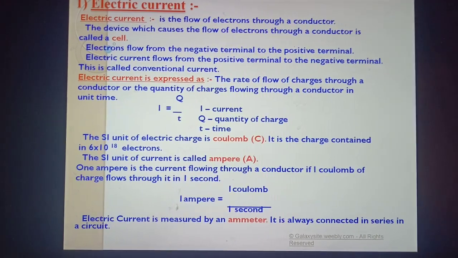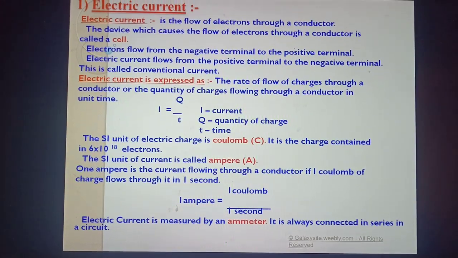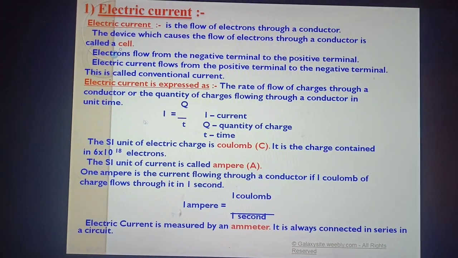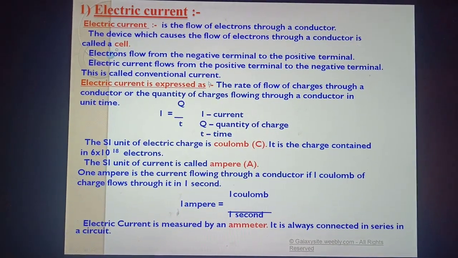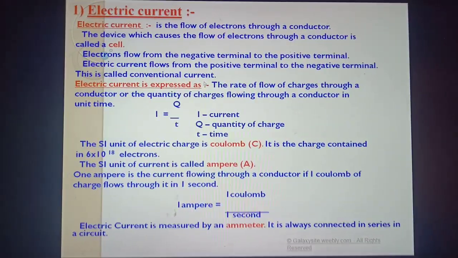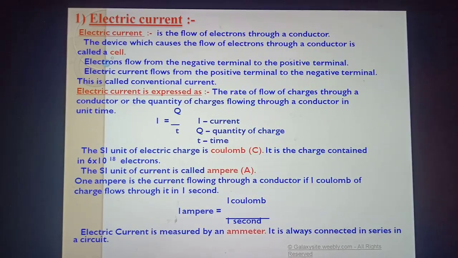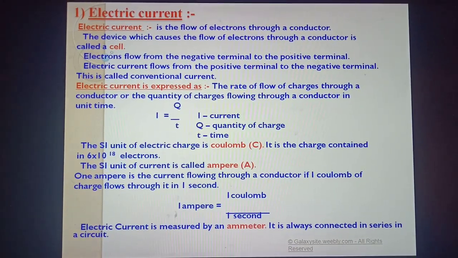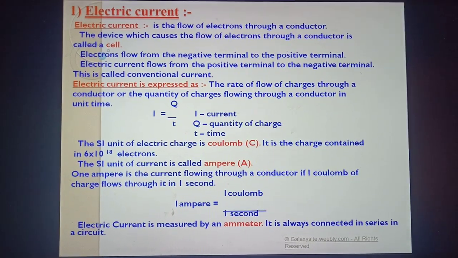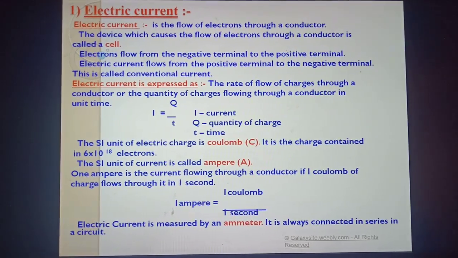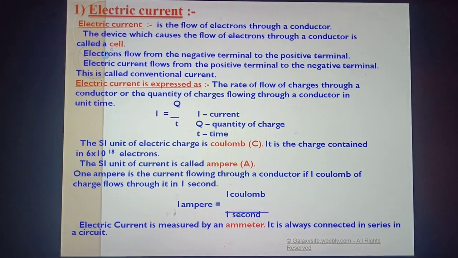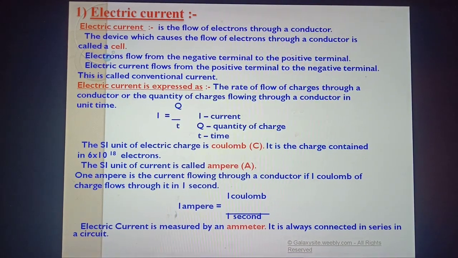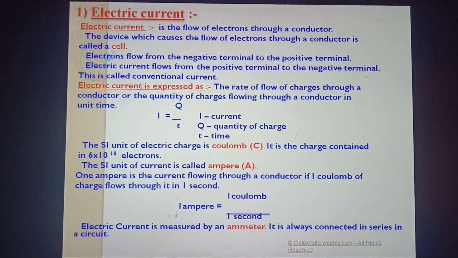I think it is clear now. The flow of current is always opposite to the direction of flow of electrons in a conductor.